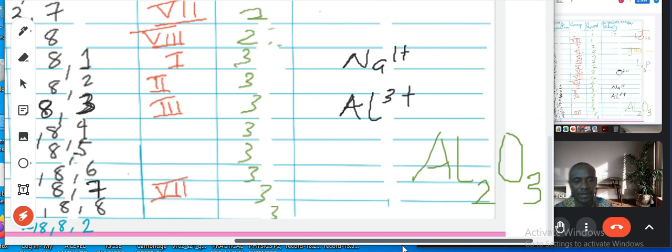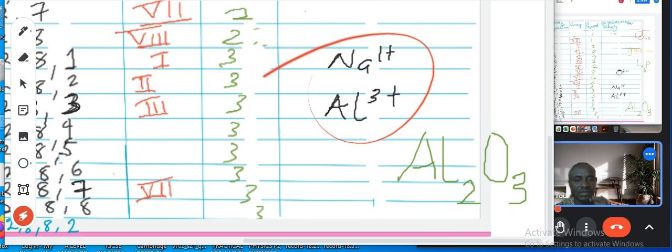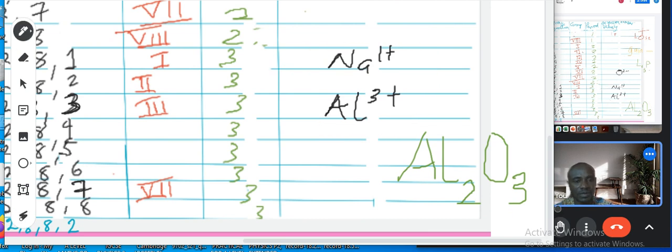Aluminum oxide. Okay, let's even look at aluminum and sodium. What would be the formula of aluminum and sodium when they combine? Is it Al3Na? Oh, sorry, it can't be aluminum and sodium.